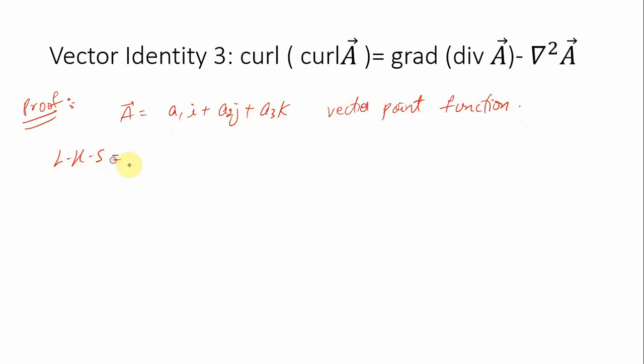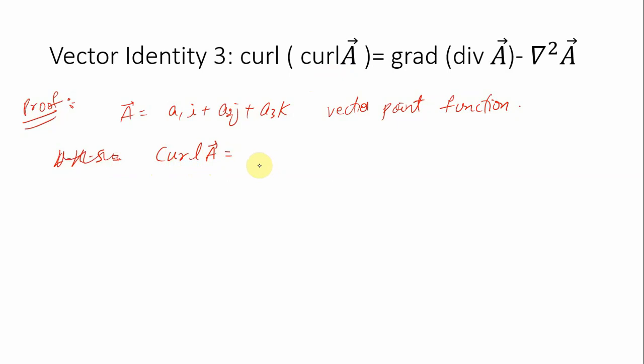Okay, so we'll start by taking the LHS. We always have to prove LHS is equal to RHS. Now I'll take curl of A bar. To prove this LHS, I will take first curl of A bar.